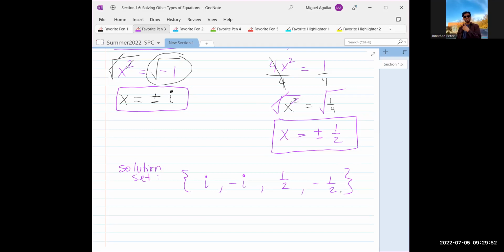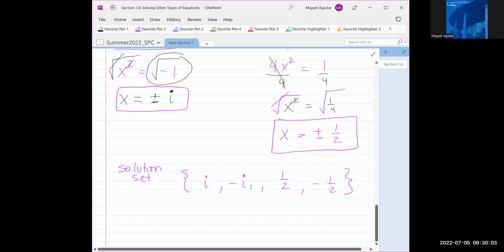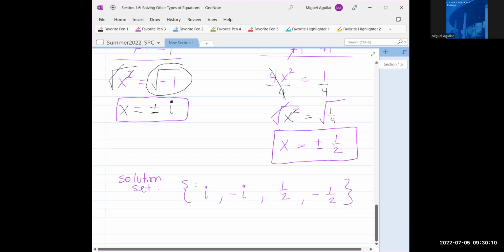They're pretty simple so far. Okay. All right. I think in the interest of time, those are the only 2 examples that I'm going to give us on solving a quartic equation.